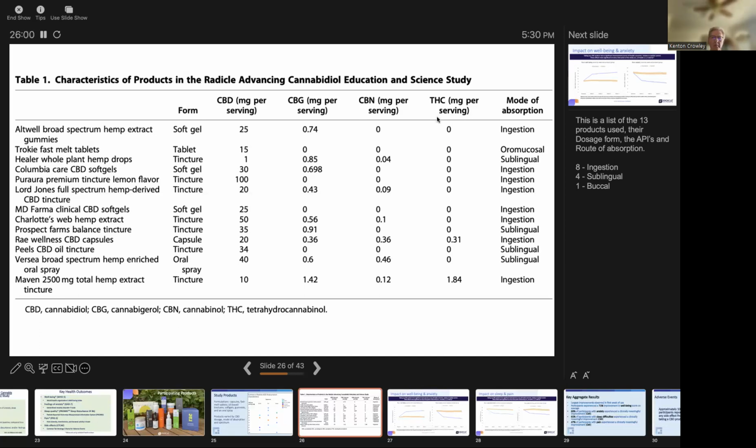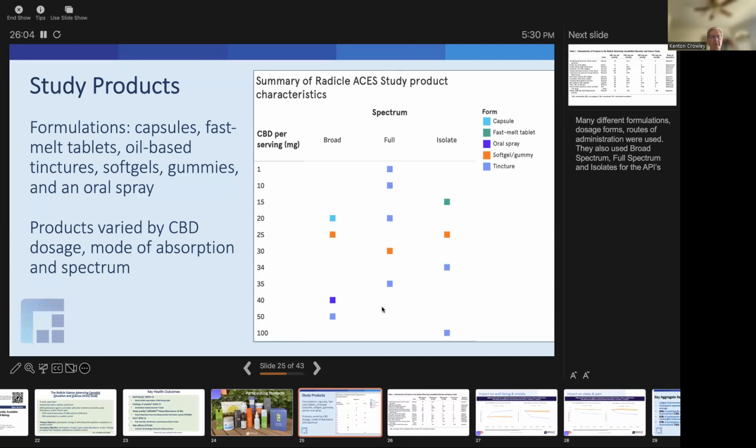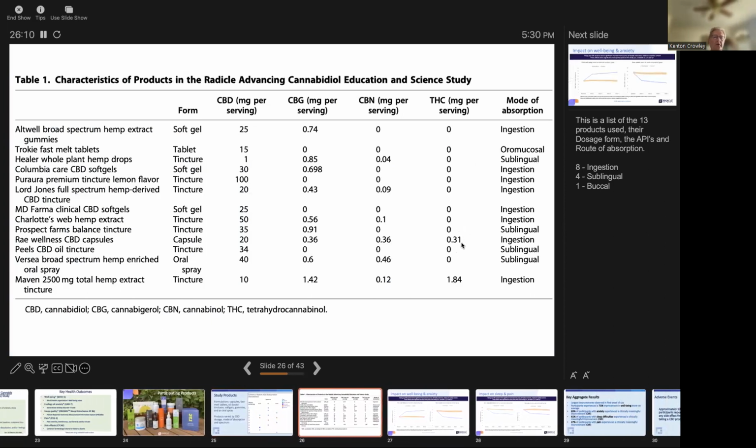Remember from this slide, full spectrum, there were several products, 5 in fact, but there was only one of the 5 that actually showed a measurable amount of THC. So just because it says full spectrum doesn't mean that it's going to contain a measurable amount of THC.